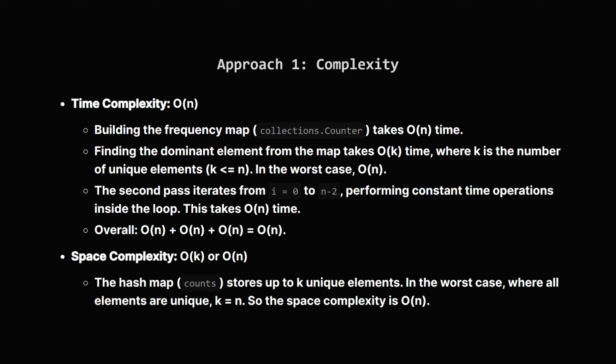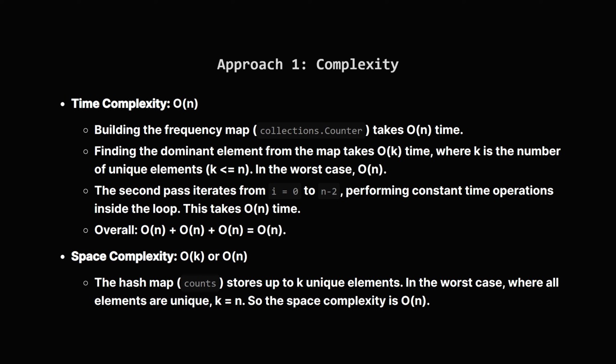Let's analyze the time and space complexity for this hash map approach. For time complexity, first, creating the frequency map using collections.Counter(nums) takes linear time, proportional to the number of elements n, so that's O(n). Finding the dominant element involves iterating through the entries in the frequency map. In the worst case, there could be O(n) unique elements, so this step could take up to O(n) time.